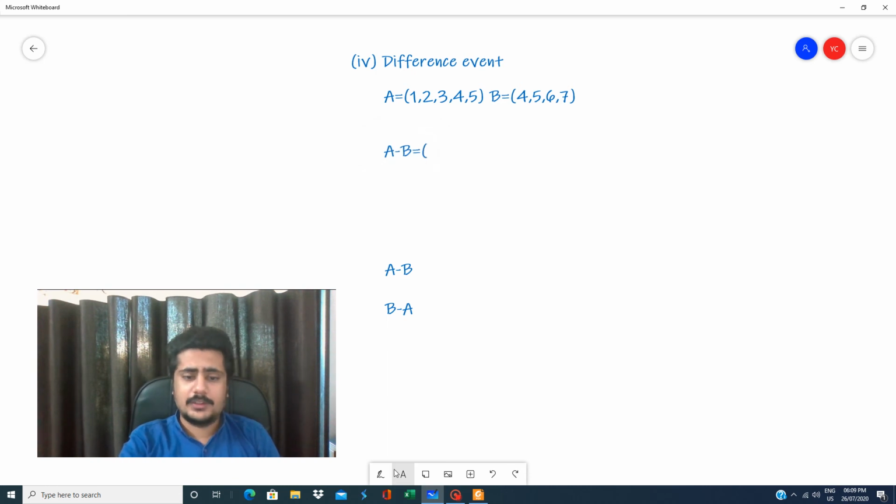So what are you telling, we don't understand it. I'll be explaining in very lucid terms. See, A is 1, 2, 3, 4, 5. In this 1, 2, 3, 4, 5, these two elements are present in B also.